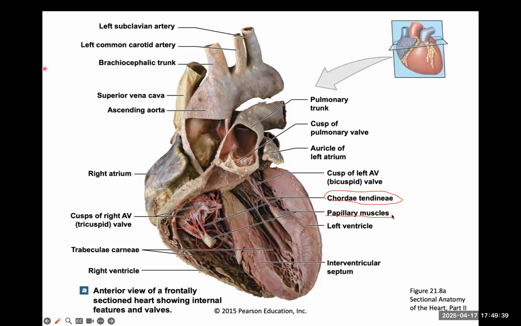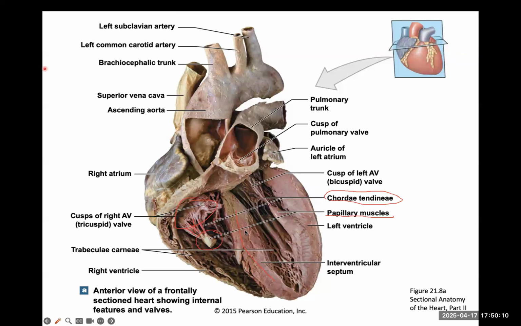So it's not enough just to say it's the tricuspid valve, you also need to be able to tell the difference between the chordae tendineae, the tricuspid valve, the papillary muscle and so forth. You've got the interventricular septum, which separates the right side from the left side in the ventricles. That's your interventricular septum here. The interatrial septum would be up here.